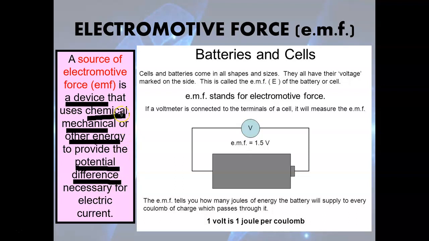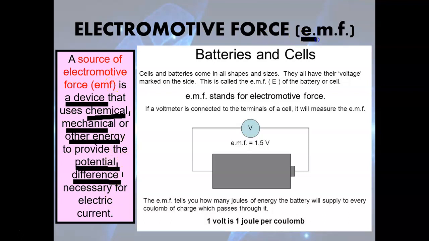So any type of source or device based on chemical, mechanical or other energy that can provide potential energy to a circuit and produce an electric current, we call a source of EMF.